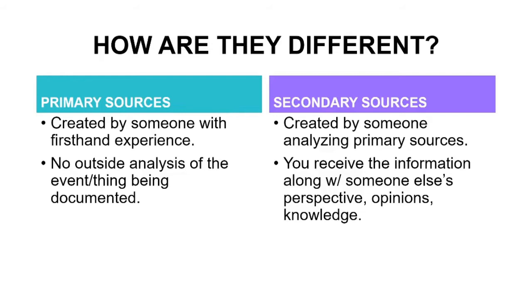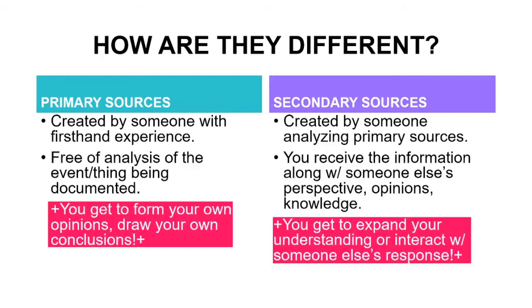In secondary sources, you receive the information along with someone else's perspective, opinions, and knowledge. Here are the advantages of using each. For primary sources, the advantage is that you get to form your own opinions and draw your own conclusions, just based on the facts, the information that's there. With secondary sources, the advantage is that you get to expand your understanding or interact with someone else's response to an event. So they both have their advantages.